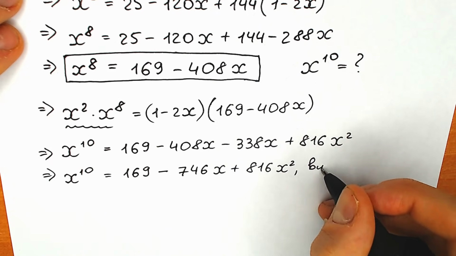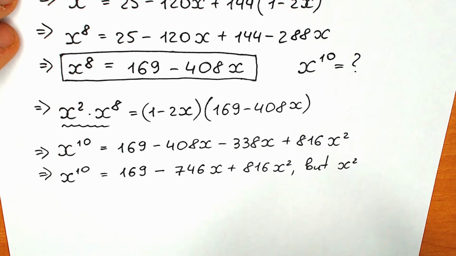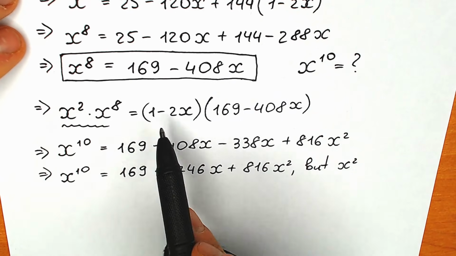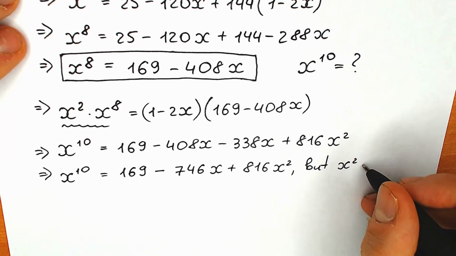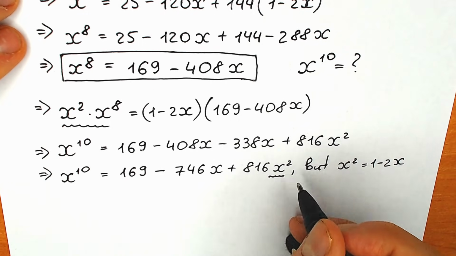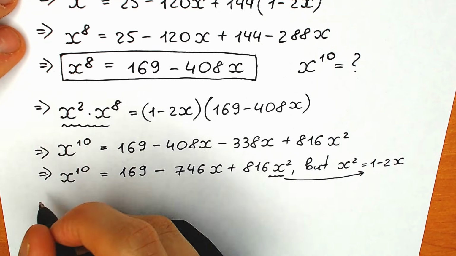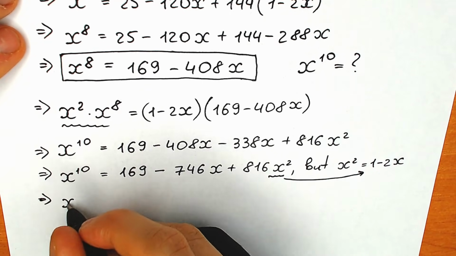But one really important moment: according to the same logic as we did before, x squared is equal to 1 minus 2x. So right now, instead of this x squared, let's plug in this expression, 1 minus 2x. The same logic as we did before.